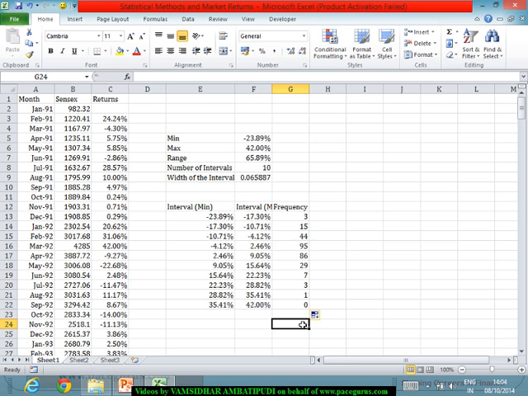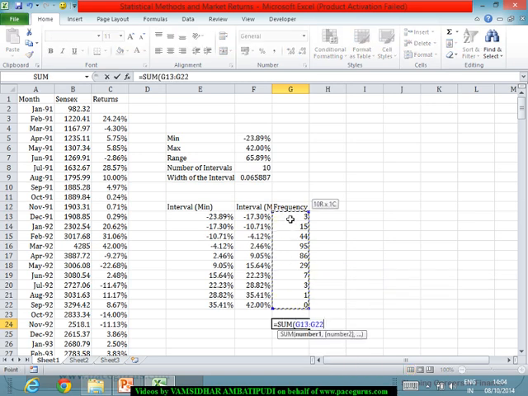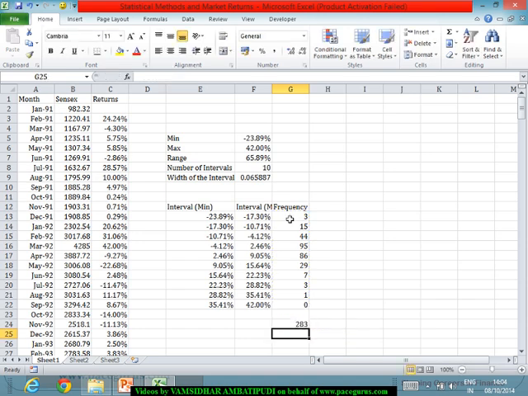So if I am trying to sum up the total frequencies, it is coming to 283. Why is this coming out to 283? Greater than minus 23.89, so I have to go with a greater than or equal to.